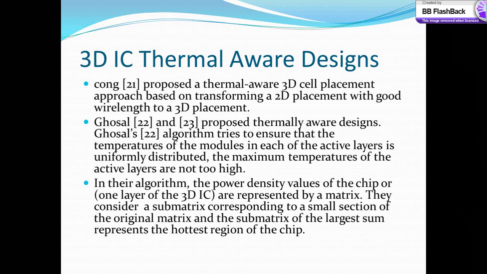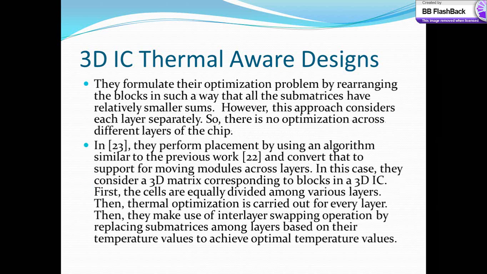And then Goso, in his first work, 22, actually considers the thermal profile of various modules in a 3D chip, or in a single layer of a 3D chip, and then he measures the temperatures of these modules, and his algorithm makes sure that the temperatures are not too high. And in his next work, 23, he actually performs placement. The algorithm is still similar.